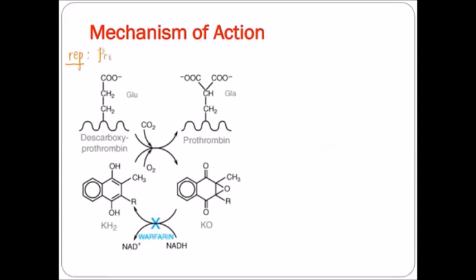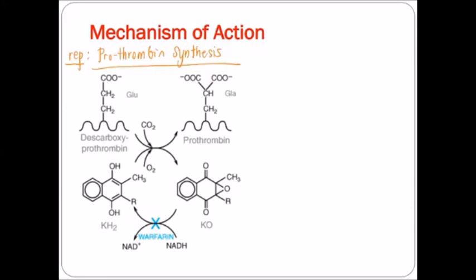So i-discuss natin ang prothrombin synthesis that happens in the liver. And then after that, we will incorporate the action of warfarin. So sa ngayon, wag nyo munang isipin na may drug. Dito muna tayo sa mismong prothrombin.